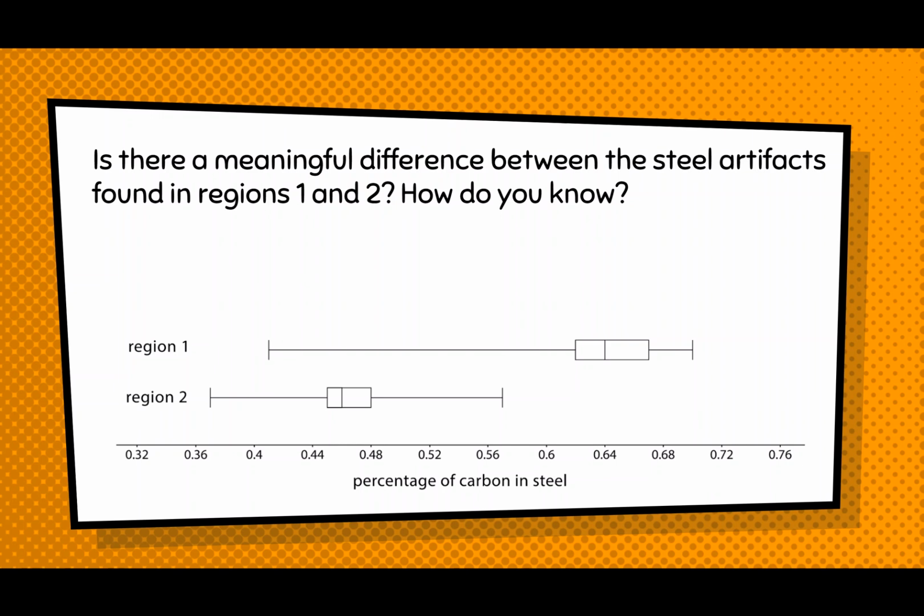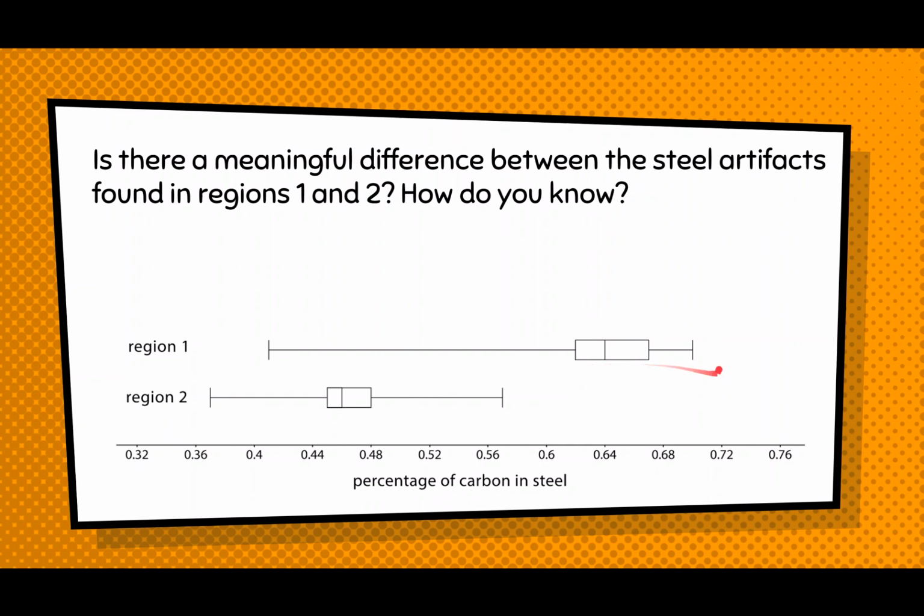Another way we could think of this is, would we guess that the people who made these two steel artifacts could have come from the same exact, let's say, town or village or wherever it is, or city? Could they have come from the same place based on the data? And if we look at this data, most likely you would guess that these two regions were probably not all that similar.